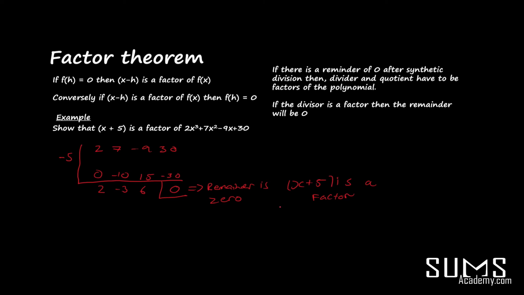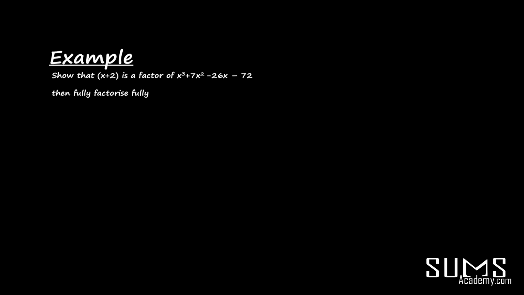So again, I'll go on and do another example to try and make this a bit more clear. In this question we're asked, show that x plus 2 is a factor of this polynomial here, then fully factorize it.